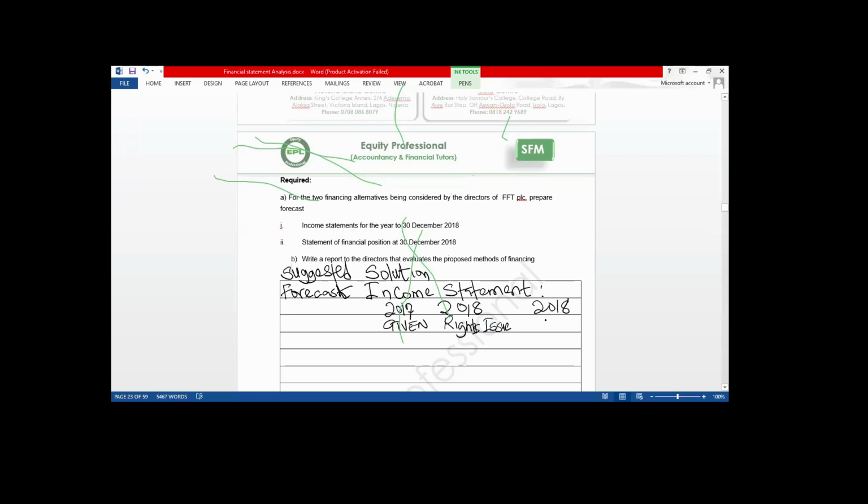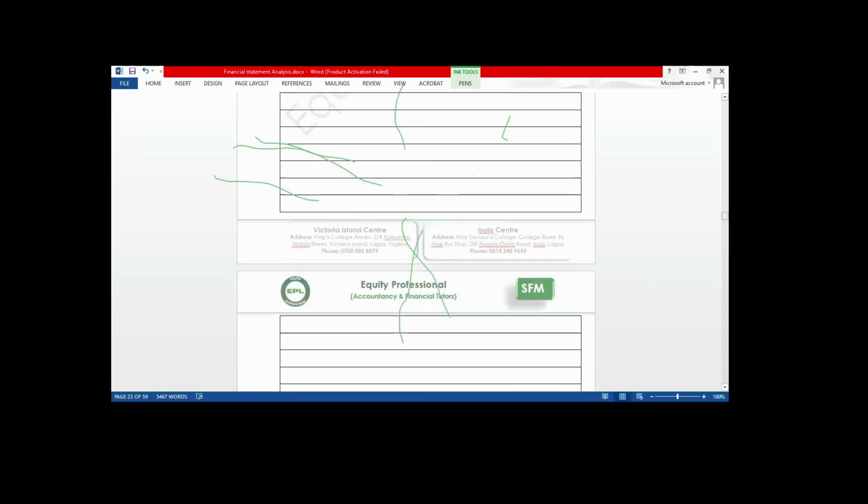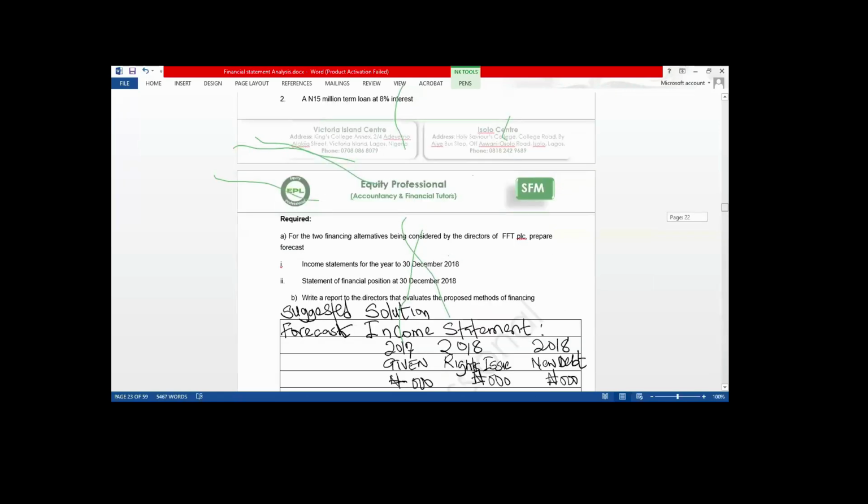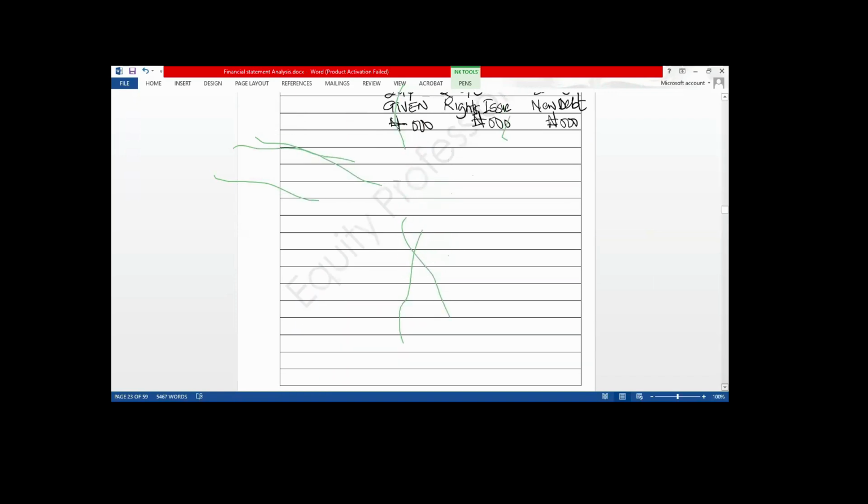Also, we want to forecast if it is financed by new debt. Our naira sign, 30 up, 30 up, 30 up. Open all the statements that you require. That is page 1. This page will be for forecasting the income statements.